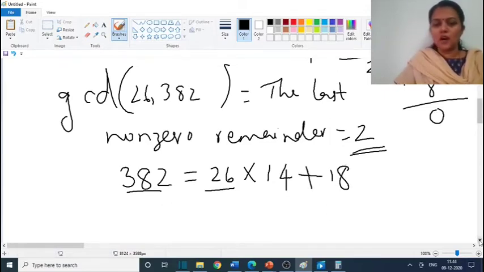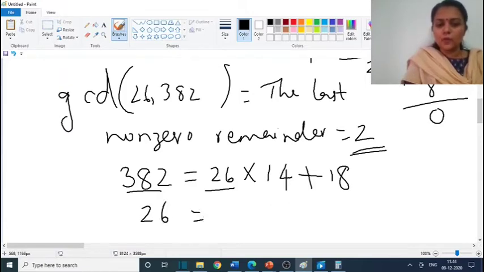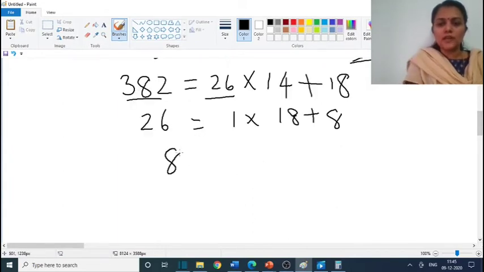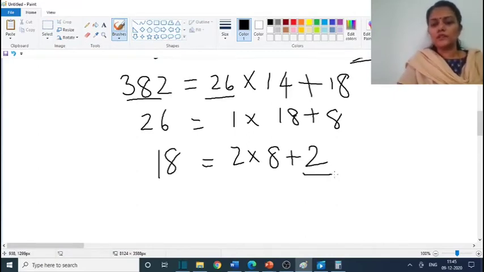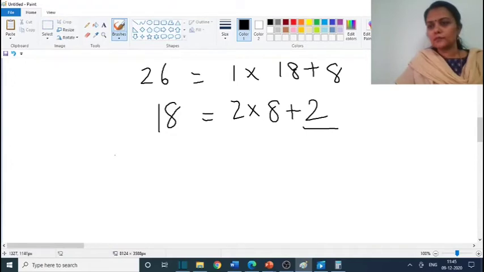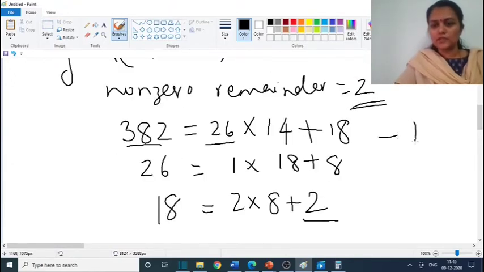In the next step we have 26 is equal to 1 into 18 plus 8. In the next step we have 18 is equal to 2 into 8 plus 2. In the last step we got the GCD term, the last non-zero remainder. So from here we have to start. Let's write this as equation 1, this is equation 2, this is equation 3.